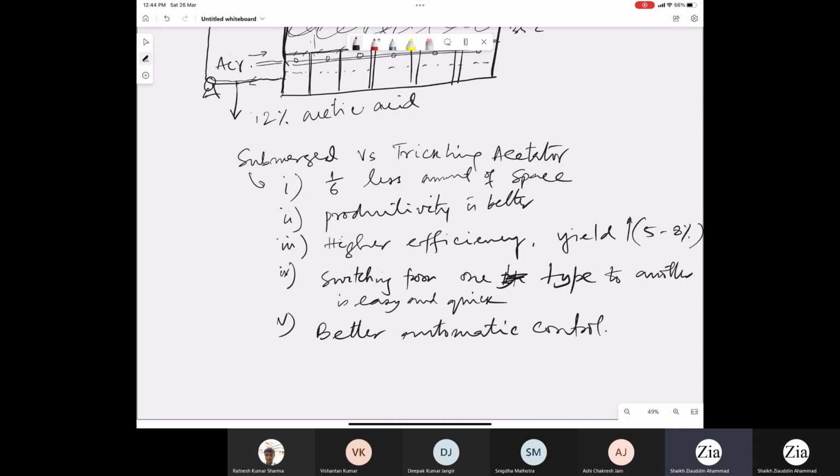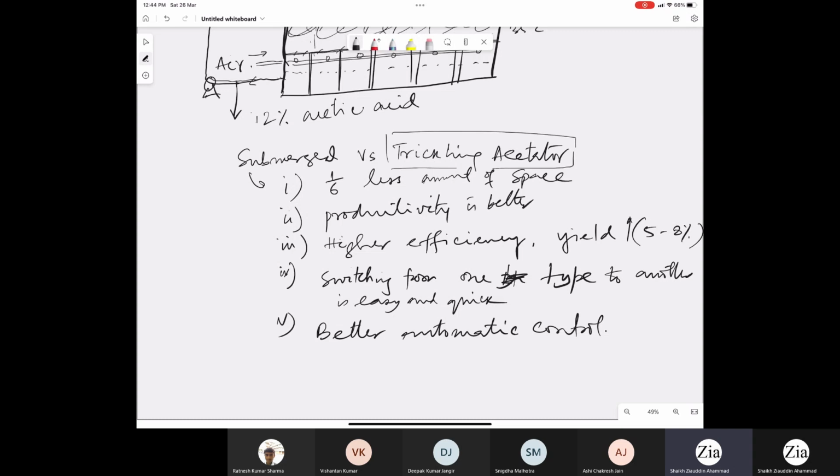Now, these trickling generators are traditional trickling acetators, traditional reactors, and in the current bioprocess industry they don't get that much attraction, because not only for the different advantages of the submerged process, they also have an issue with vinegar spoilage, because the trickling acetator has very poor controlling ability.